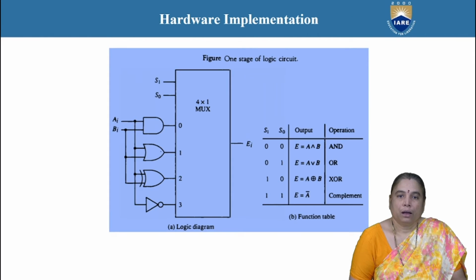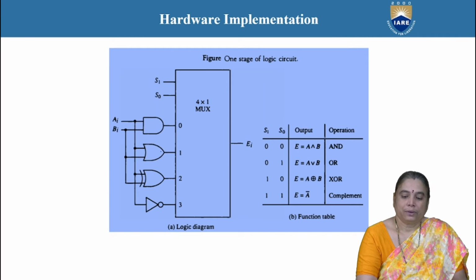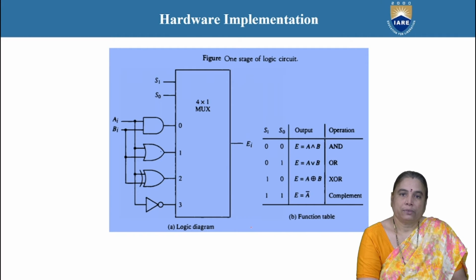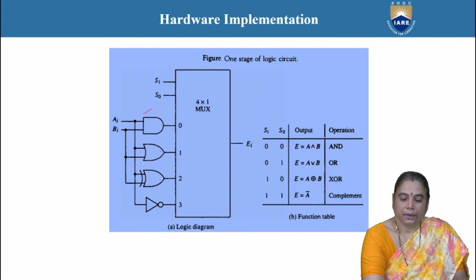How these logical operations can be implemented with electronic circuitry, we will discuss with this diagram. Here we consider 4 logic micro operations with 4 logic gates. The gates considered are the AND gate, OR gate, exclusive OR gate, and the complement or NOT gate.